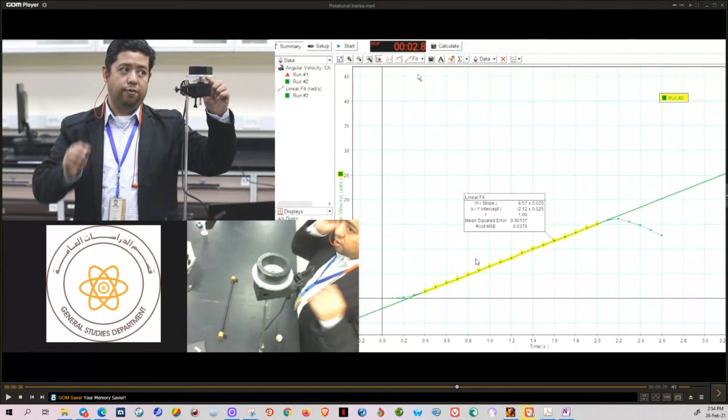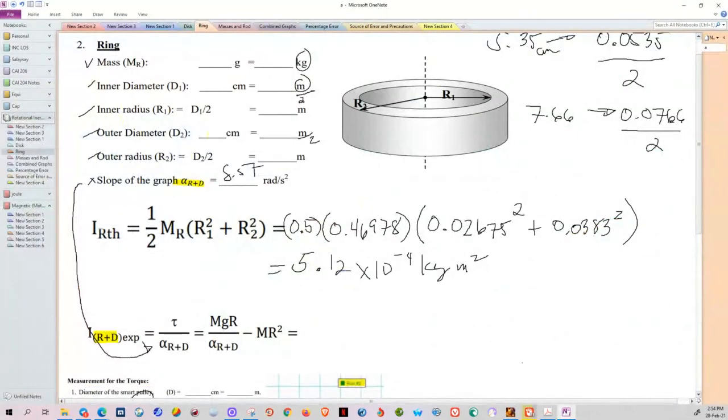So it's the total angular acceleration of the two objects together, disc plus ring. That's the meaning of R plus D, ring plus disc, okay?